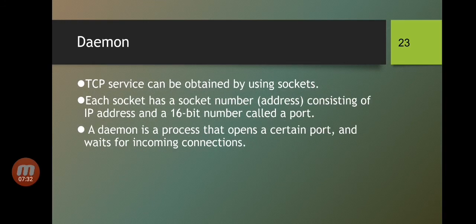What is a daemon? TCP service can be obtained by using sockets. Each socket has a socket number or address consisting of an IP address and a 16-bit number called a port. A daemon is a process that opens a certain port and waits for incoming connections.